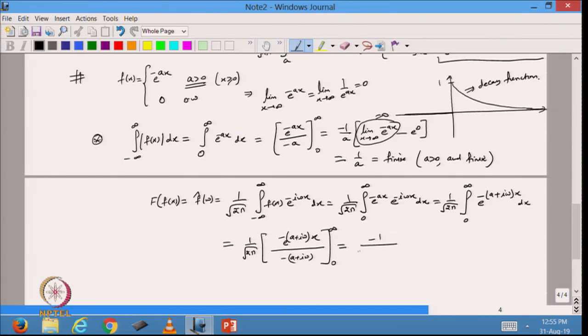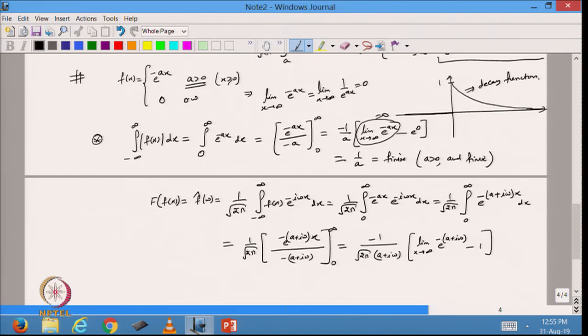So, this quantity will become minus 1 over under root 2 pi times (a plus i omega), and then we put the limit x tends to infinity of e raised to power minus (a plus i omega) x, minus, so this will be 1.